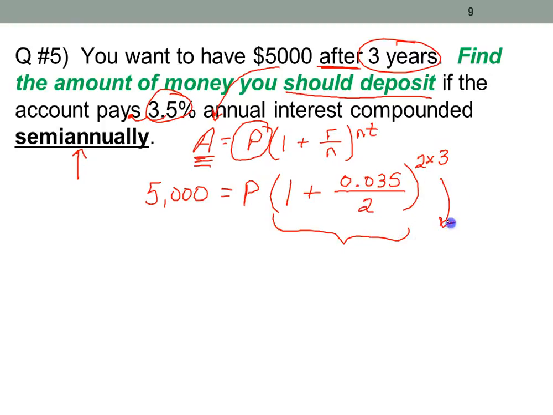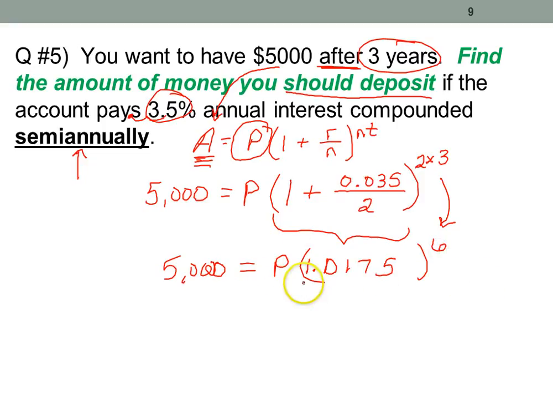Do your parentheses, do your power. So I have $5,000. P, when I type this part in my calculator, 0.035 divided by 2, add your 1. You get a pretty long decimal, 1.0175. 2 times 3 is 6.